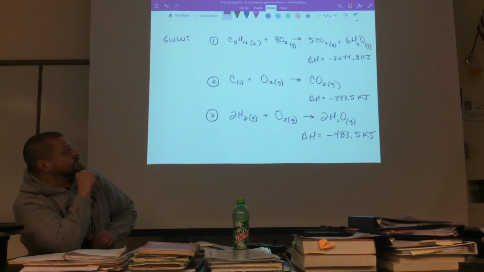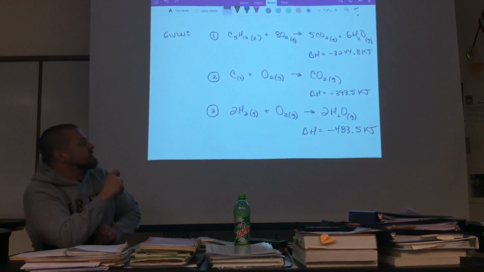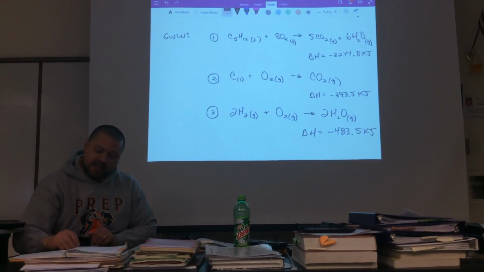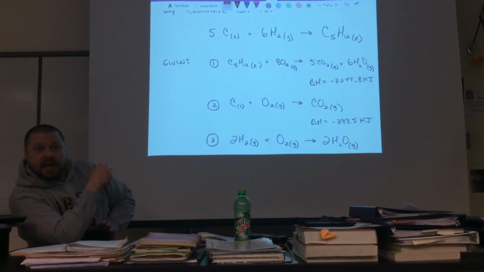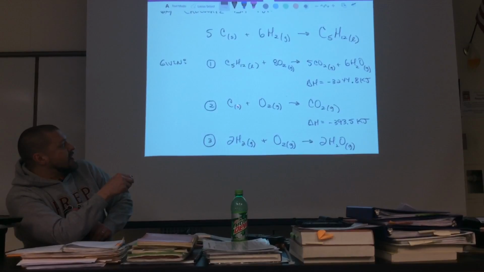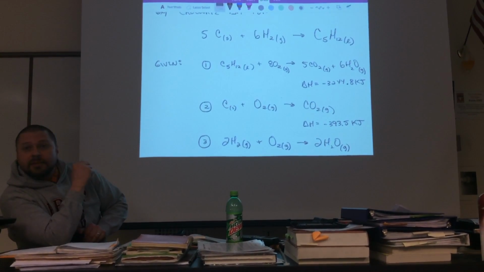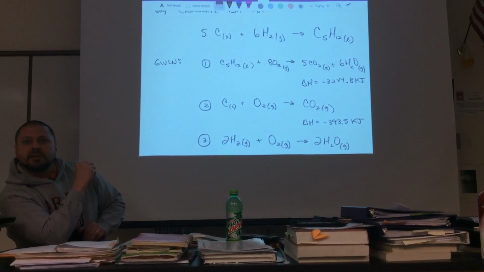So if it's like carbon and polyethyl ions, you can't use it? Correct. It's got to be exactly like it was. So does everybody see that up here, we have carbon, solid, on the reactant side, and there's 5 of them. Here I have carbon on the reactant side, but there's only 1 of them. So what am I going to do with this equation? Multiply it by 5.